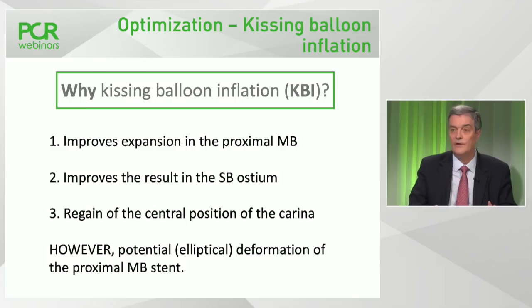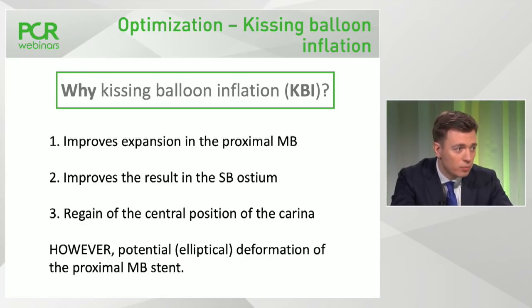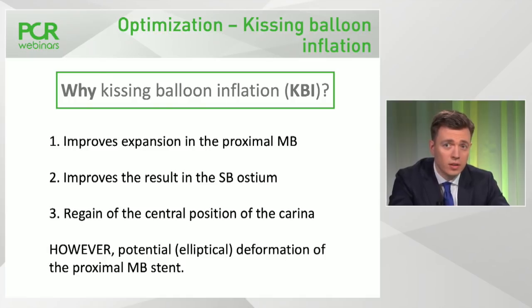If we do kissing, then what is the summary of recommendations? Why do we do kissing after POT? According to the sheer mechanics of kissing balloon inflation, what we could achieve is improved expansion in the proximal main vessel, improved result at the ostium of the side branch, and also regained central position of the carina.